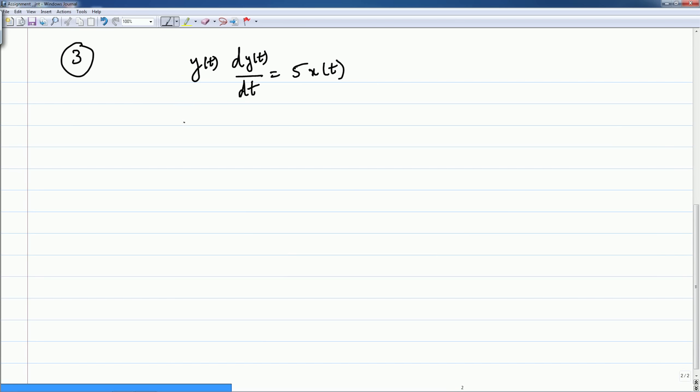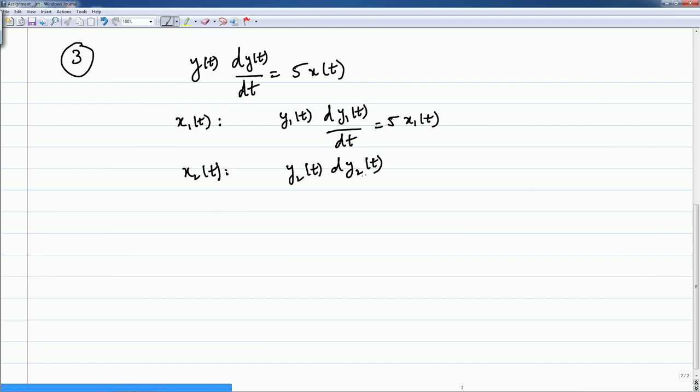Now, if x1 of t is the input, then the output y1 of t satisfies y1 of t times dy1 of t by dt equals 5 times x1 of t. Now, if the input is x2 of t, then the output y2 of t satisfies y2 of t times dy2 of t by dt equals 5 times x2 of t.